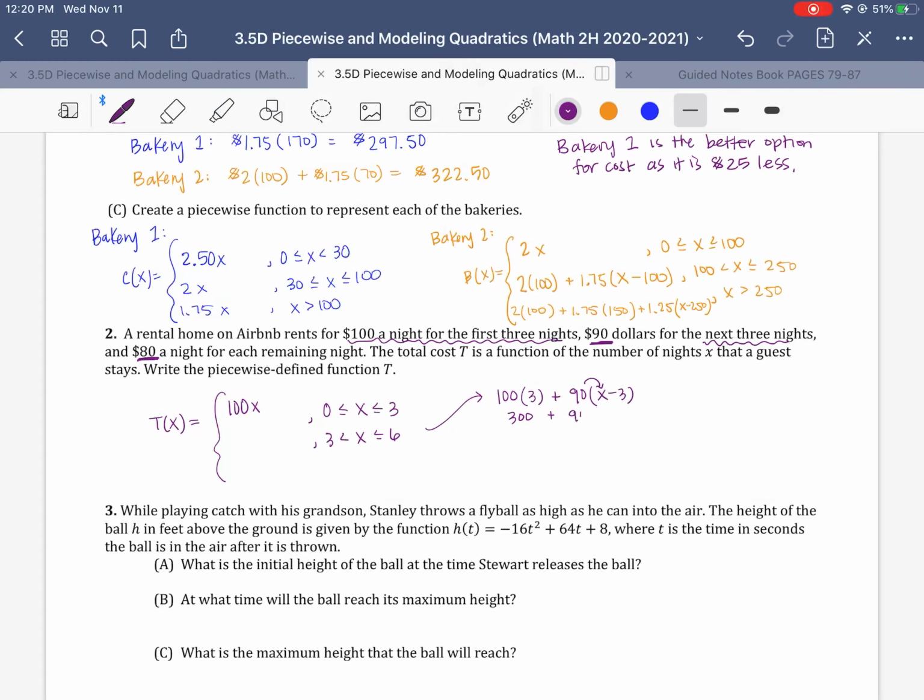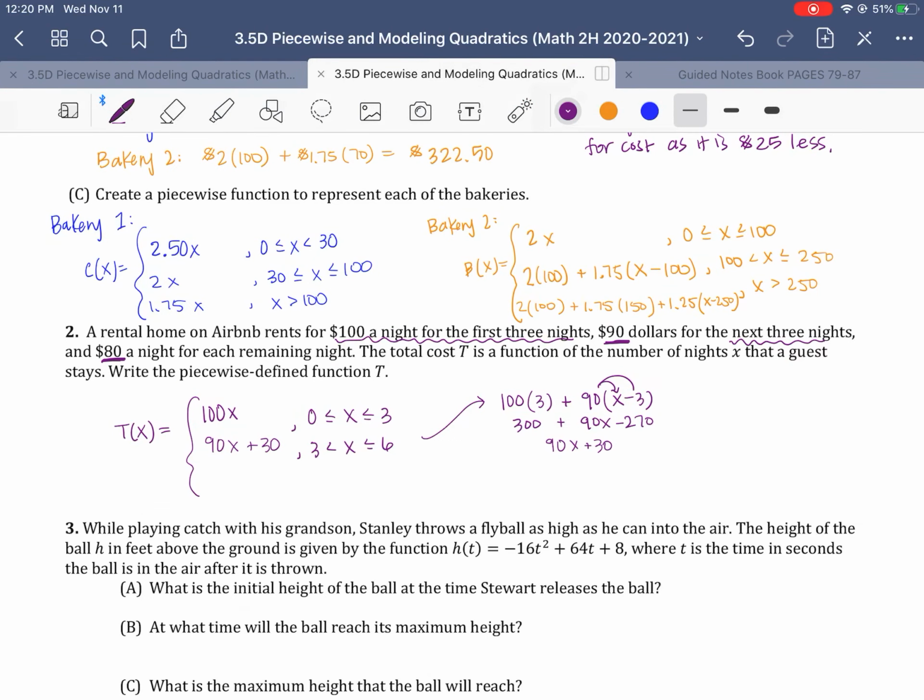So 100 times 3 is 300. If I distribute the 90 in, that's 90x, and that's negative 270. So essentially here, 300 minus 270 is 30. So I'm going to have 90x plus 30. So this is the function that I would put in right here. And again, if I was going to stay 4 nights and I wanted to know how much it would cost, I would just put a 4 in here and it would calculate my stay.